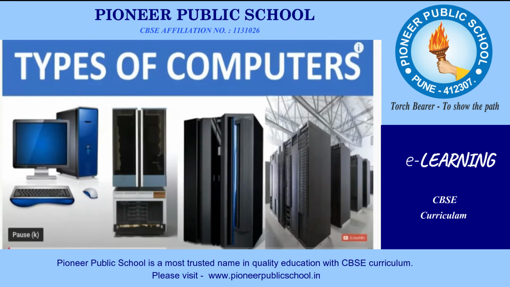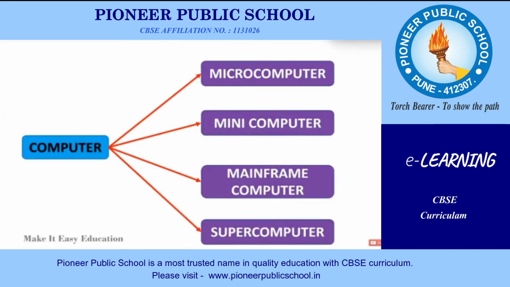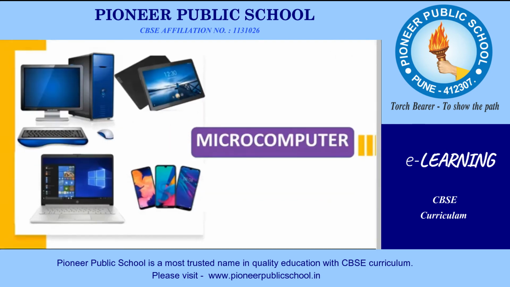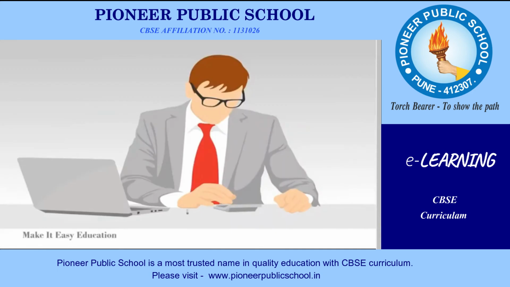Types of computers. Based on size and power, computers are classified into microcomputer, mainframe computer, and supercomputer. Microcomputer is also known as personal computer. Microcomputers are easy to use. It is small in size.